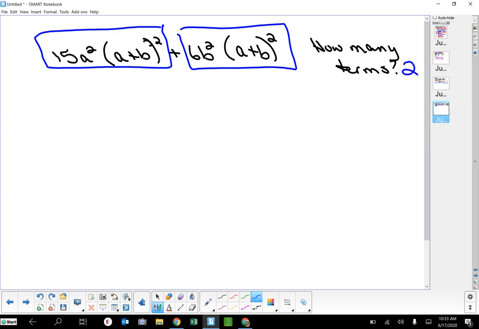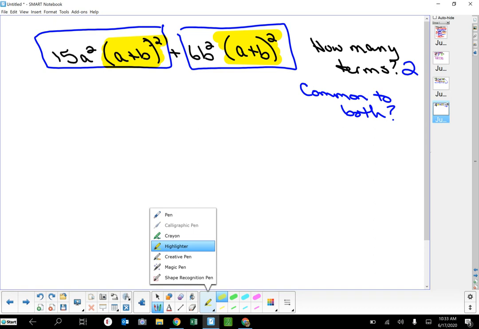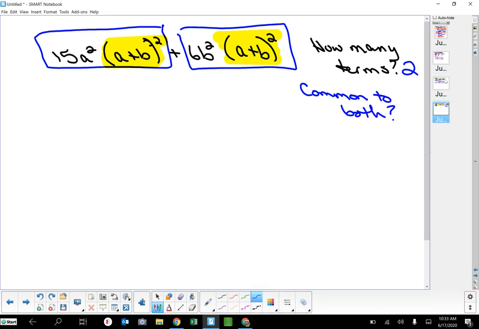Now your question is, what's common to both? And what might stand out to you is that this parenthesis, a plus b quantity squared, is in both of them. And so it's a weird looking GCF, but it is actually the GCF.